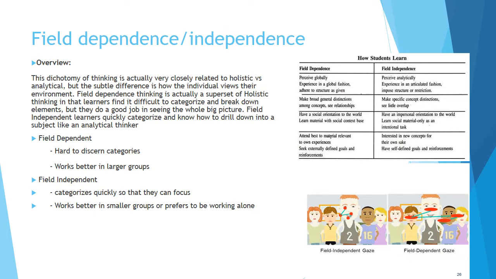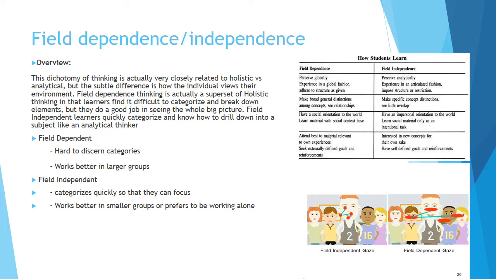So the concept of field dependence and independence is very, very closely related to the holistic versus analytical, but there is a very, very minute discrepancy, and basically what it boils down to is, once given information, how are they going to prioritize looking at the information?